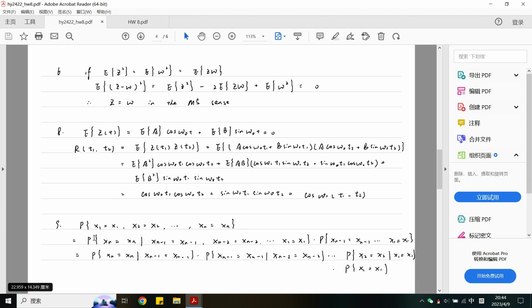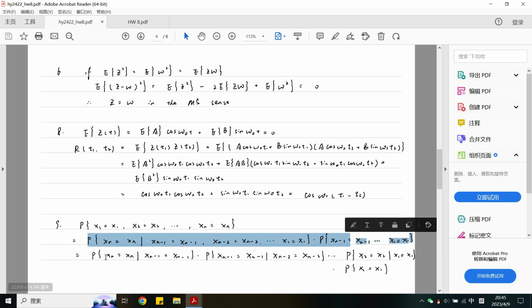So this term will be the probability that Xn equals xn given Xn-1 equals xn-1, Xn-2 equals xn-2, ..., X1 equals x1, times the probability that Xn-1 equals xn-1, Xn-2 equals xn-2, ..., and X1 equals x1.